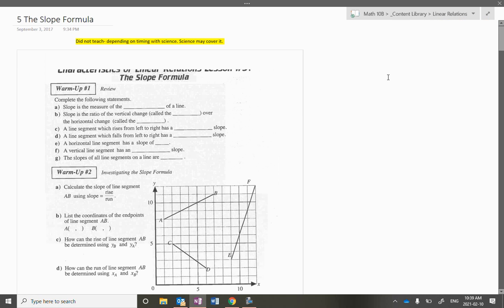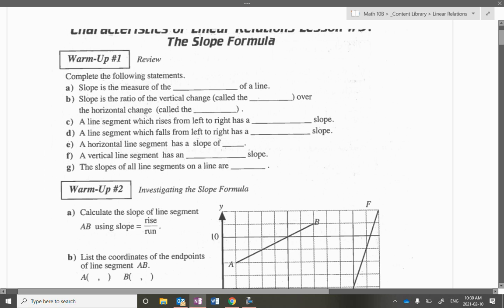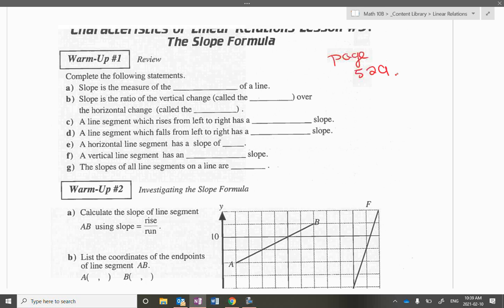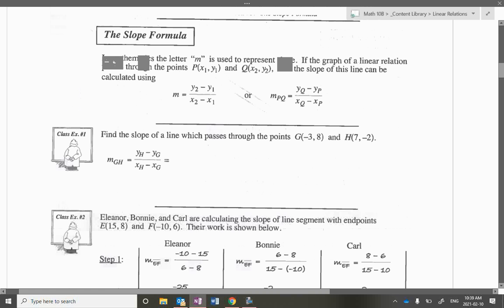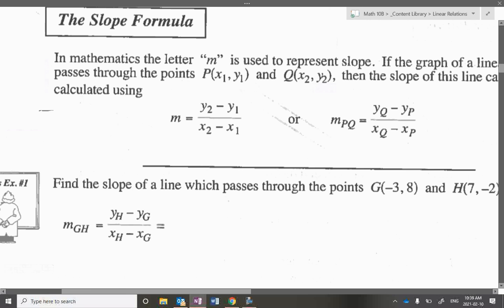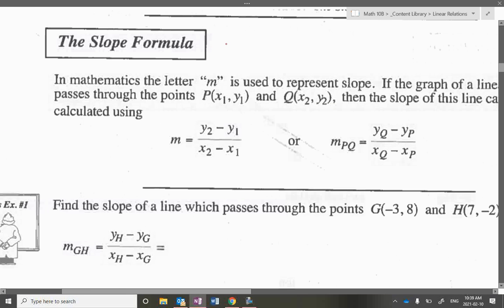Okay, lesson 5. So page 529. Actually, I take that back. We're going to go right to 530. Turn the page. Well, we are, but starting on the second page. So page 530. Have you seen the slope formula before?